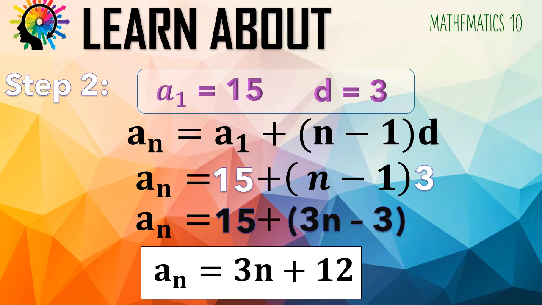I'll not accept that, though the value is still the same, because the proper way of writing is based on the degree of each term. So 3n must be first and 12 follows. Our final answer is that the general term for this given sequence is 3n plus 12.